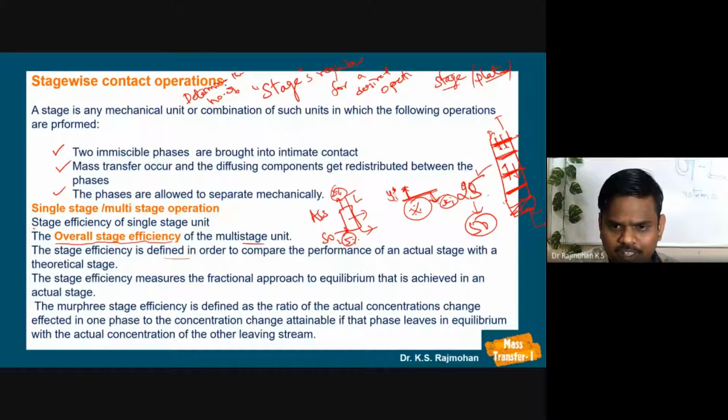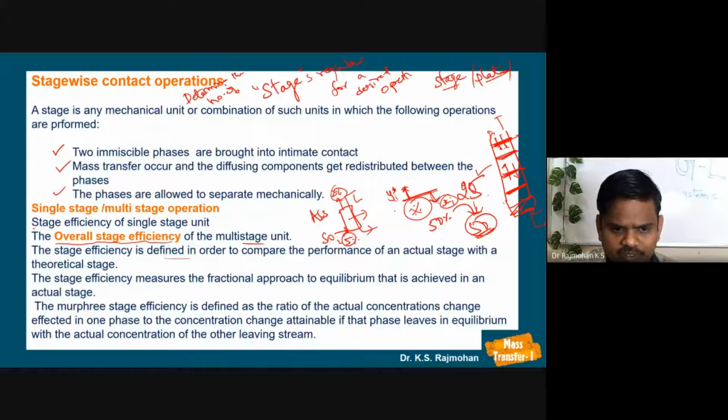But if you measure the concentration of the solute in the gas leaving, we may not get 2% if you use exactly 25, due to various reasons. So we define the efficiency as the ratio of the theoretical number of plates to the actual number of plates. If we say 50% efficiency, the actual plates required will be 25 divided by 0.5, which is 50. That is how we define overall stage efficiency for multi-stage units.